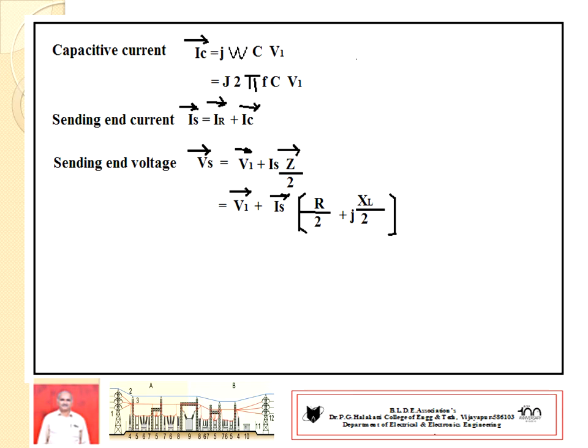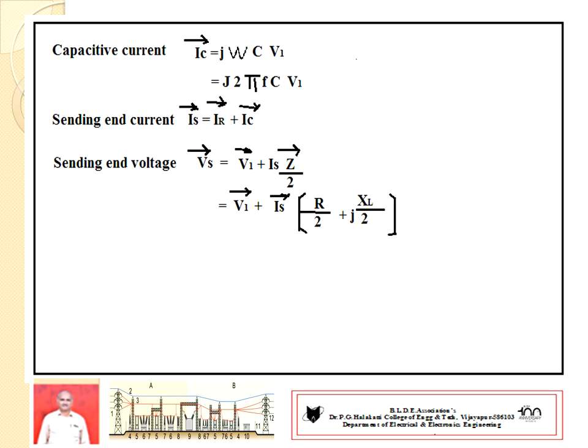So after knowing the sending end current, the sending end voltage is the vector of V1, the voltage across the capacitor, plus IS into Z by 2, because 50% of impedance is with respect to the sending end side. So Z you replace with R by 2 plus j XL by 2, and you calculate the sending end voltage.